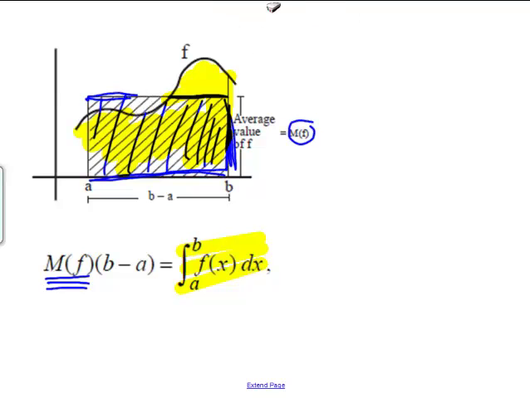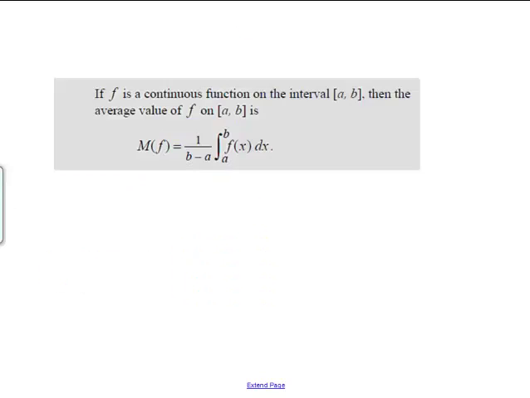So in essence, what the average value does is it smooths out the curve to being a straight line. Here's an equation that we've looked at before. The only difference is now we're saying big M of f, for the mean value of f, this component is just our change in x, and this component here is our total area.